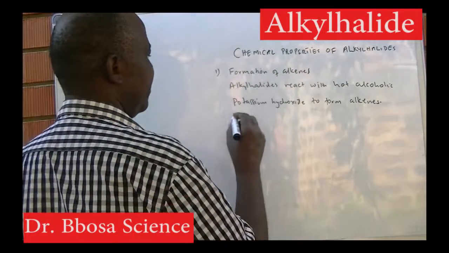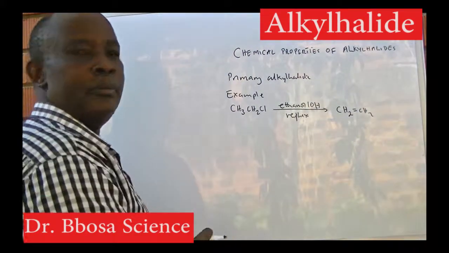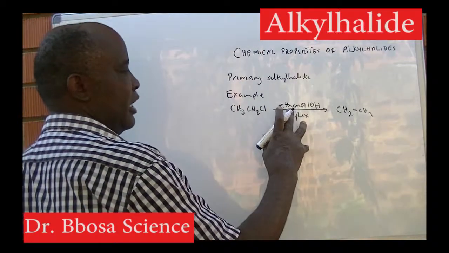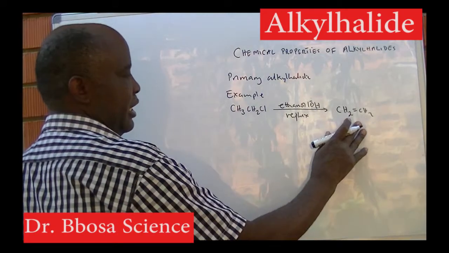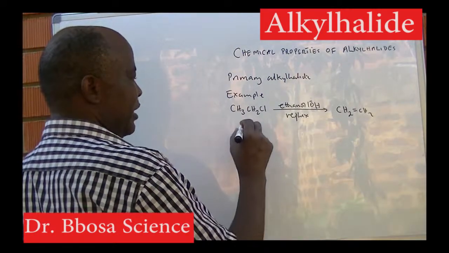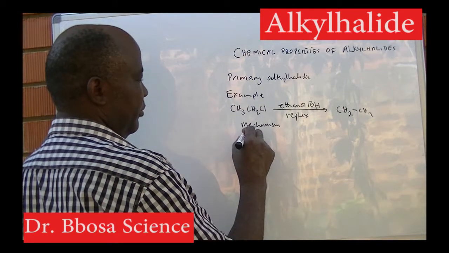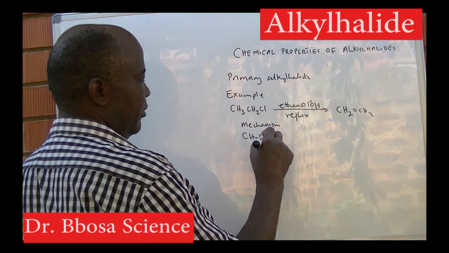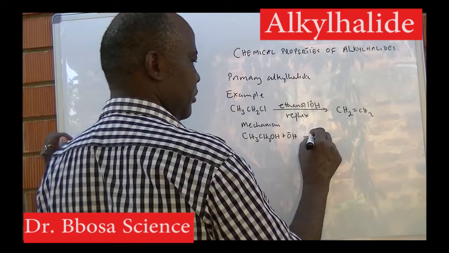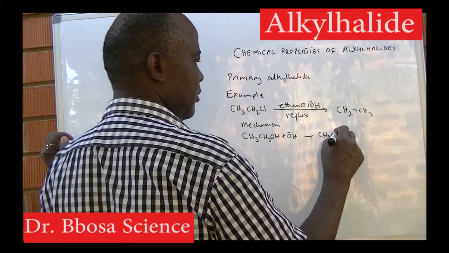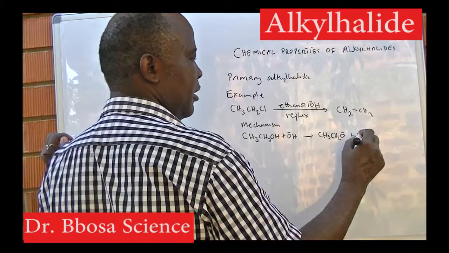Example: chloroethane. You reflux it with ethanol and potassium hydroxide, you get ethene. Mechanism: ethanol plus potassium hydroxide gives ethoxide ion plus water.